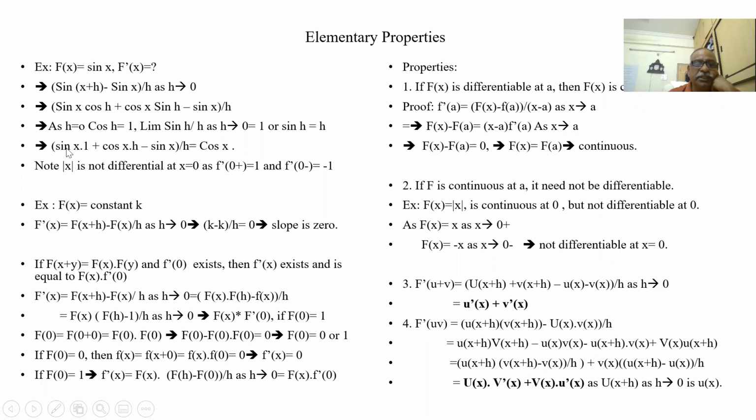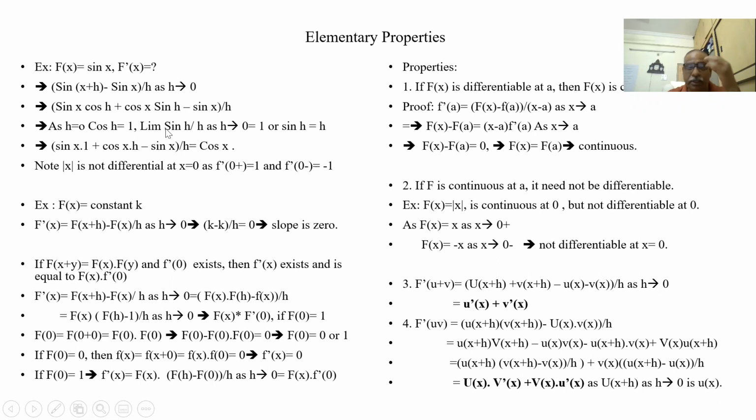This sin x and this sin x getting cancelled. So we got here cos x into sin h by h. Limit of sin h by h as h tends to 0. So this is sin h by h.